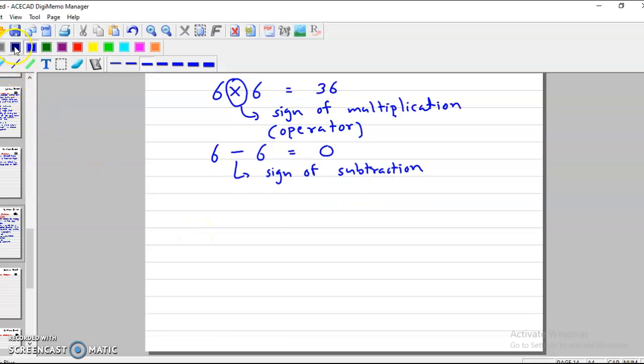Now, in wave mechanics, we use different kinds of signs.